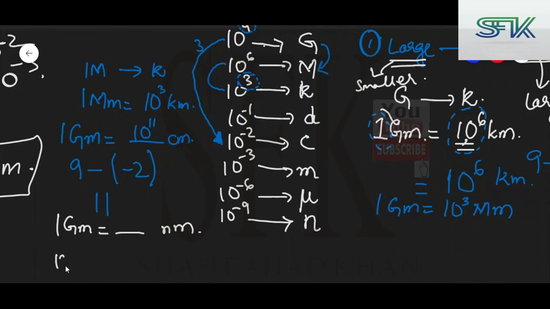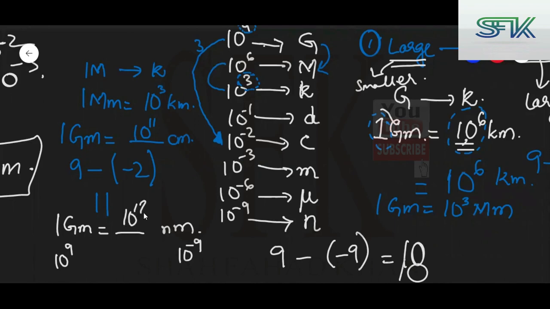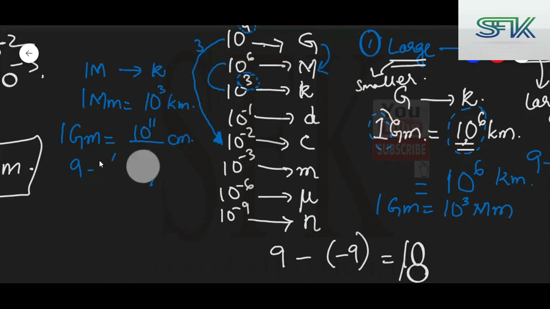Giga means 10 raised to the power of 9. Nano means 10 raised to the power of -9. What's the difference between their powers? It's going to be 9 minus -9, and it's going to get added and become 18. Correct? So 1 gigameter is equal to 10 raised to the power of 18 nanometers. Correct? So you can keep on going and going, and you can keep converting this way.